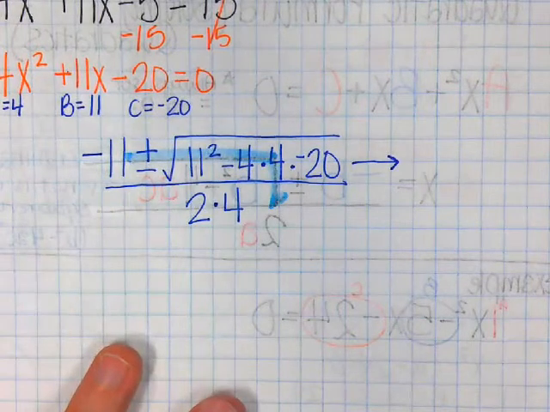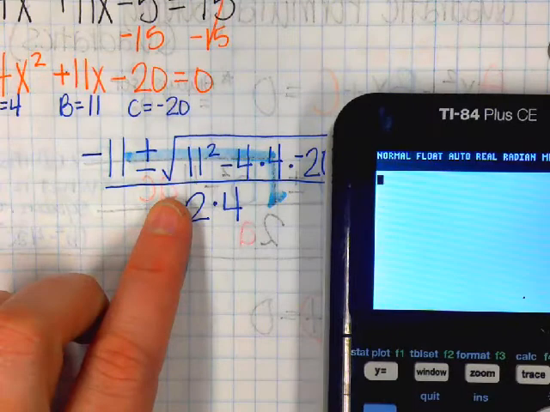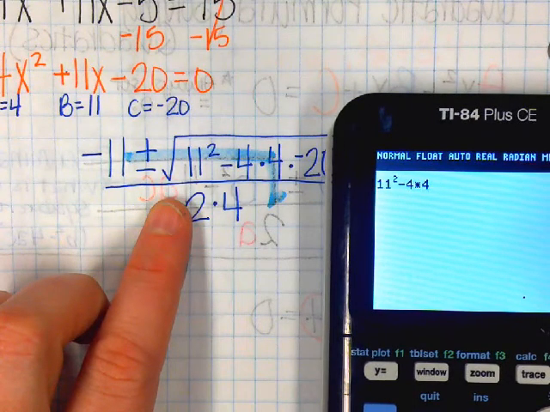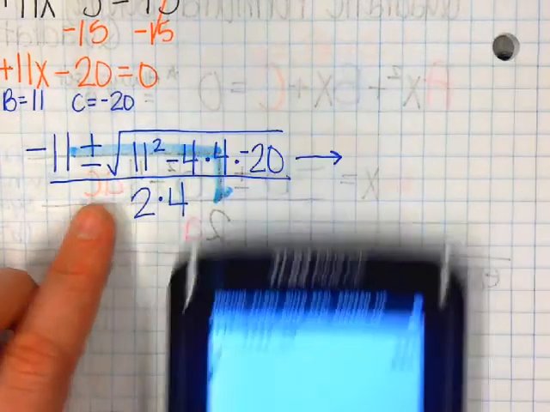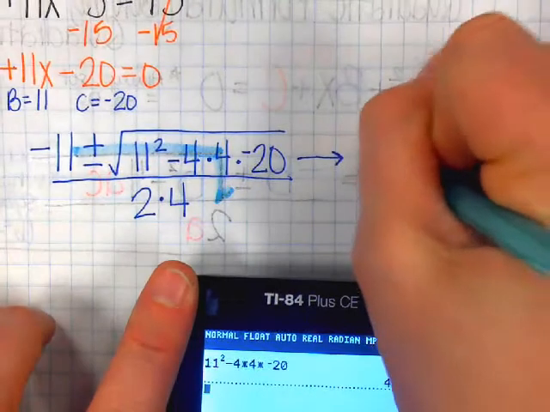Again, I'm going to go off to the side and type this information in my calculator. 11 squared minus 4 times negative 20 is 441.